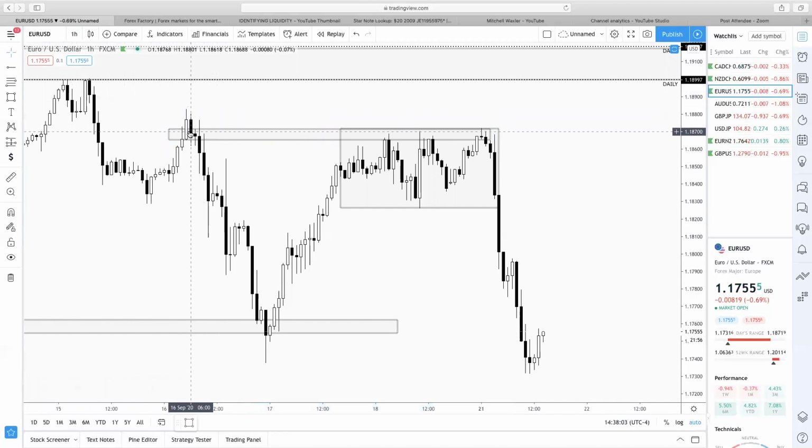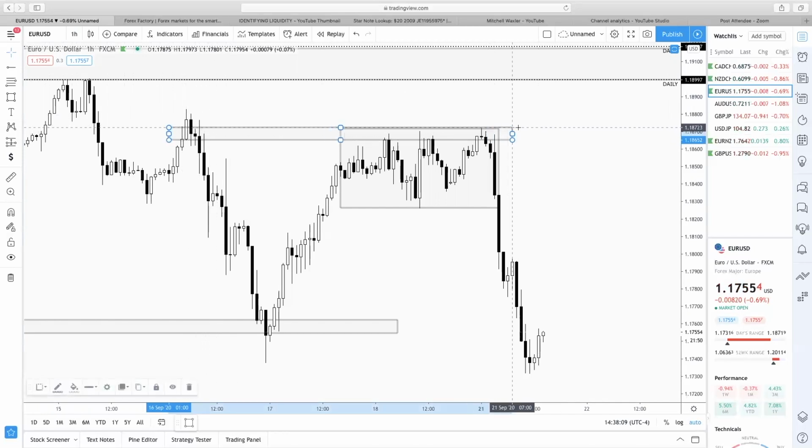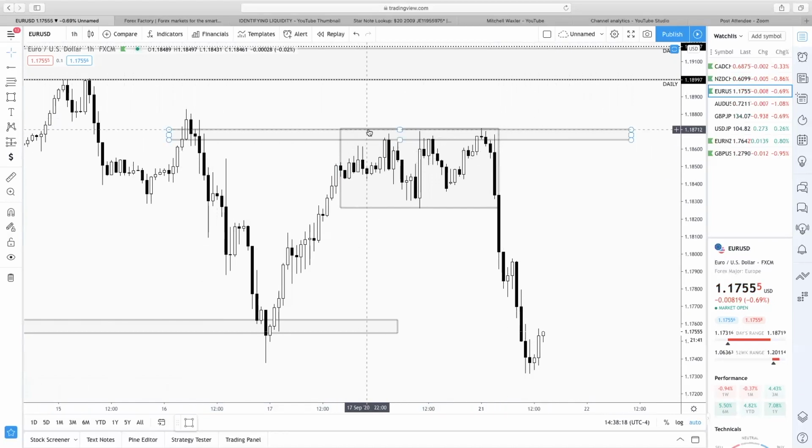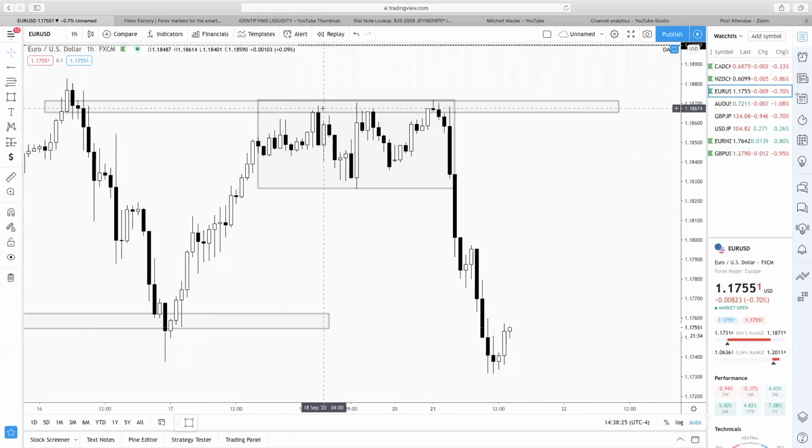So if we identify this candle as our institutional candle, where we're looking to enter the market, and drag it into the future, we can see that this consolidation range played perfectly into our zone to take that sell position. But as you can see, it came in this area once and fell, came in this area twice and fell, came in this area 3 times and then fell.